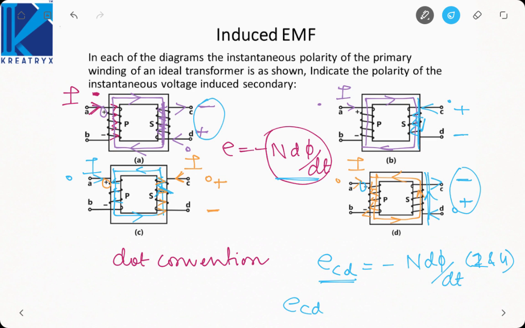If I would have asked ECD in the second and the third case, as you can see C is positive, D is negative, so ECD will be positive, that is N d phi by dt in the second and third case. So that is what I am telling you, derive the direction and then find the magnitude.